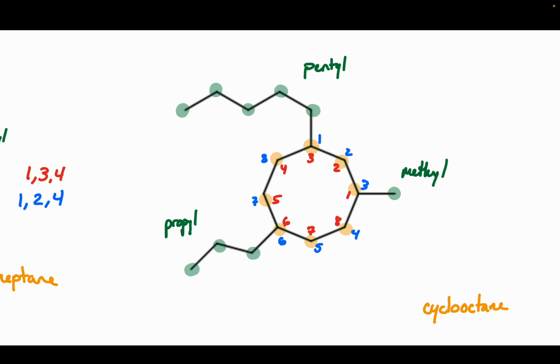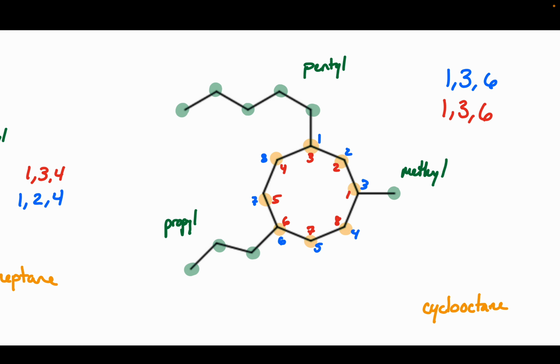Those two being the closest is a good starting point because I want the lowest numbers in the name. In both cases, I would have a 1 and a 3, and in both cases, I would also have a 6. So this is where we're going to break our tie using alphabetical order.